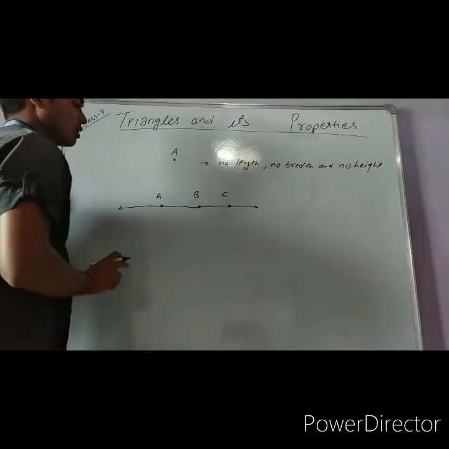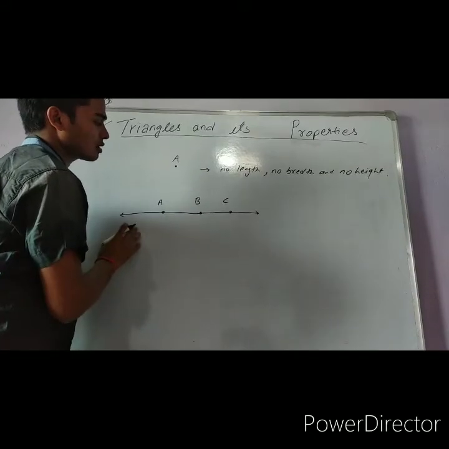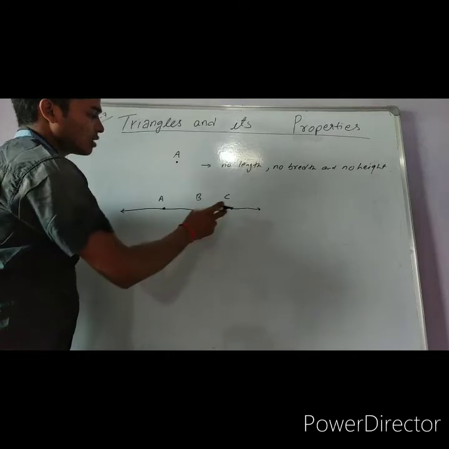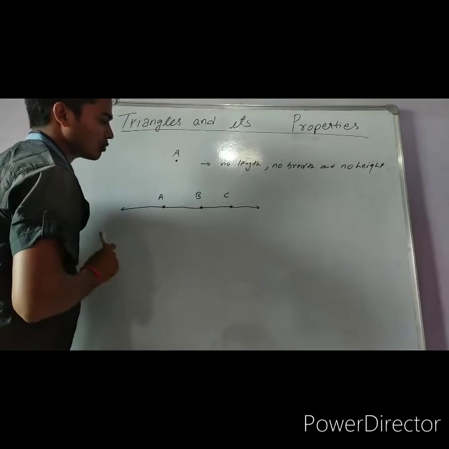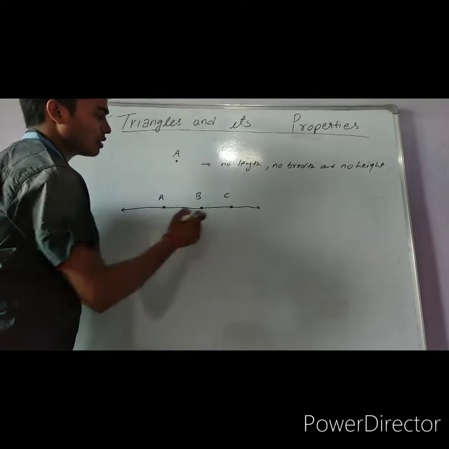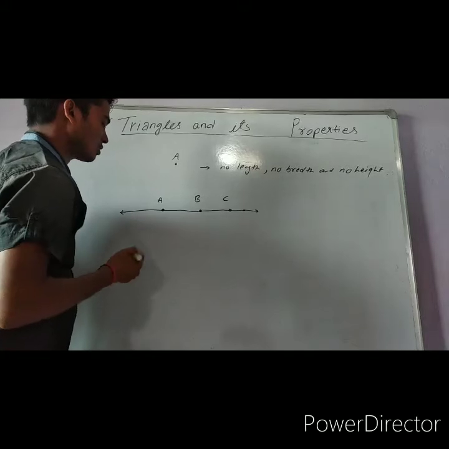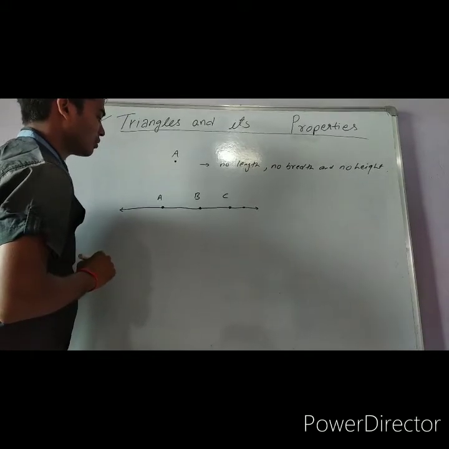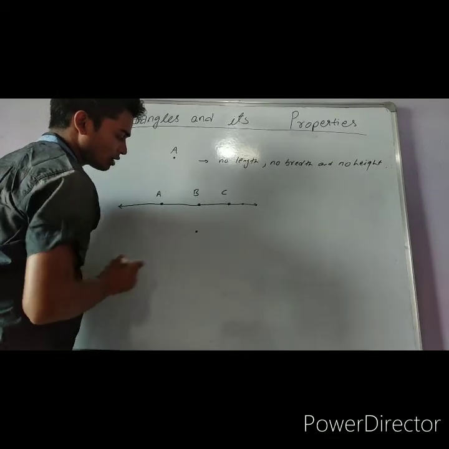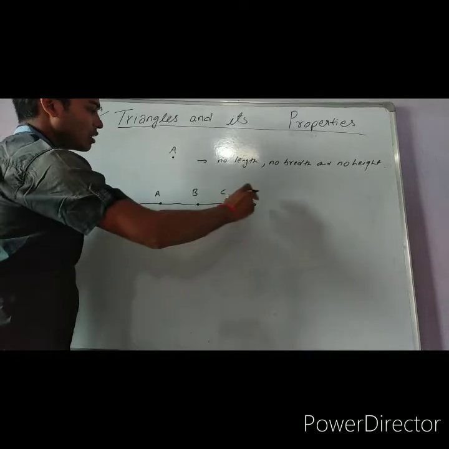So if 3 or more points can have a line pass through them, then these points are called collinear points. There may be at least 3 points, and it may be 4, 5, 6, 7, or any number of points. These points are called collinear because a single line can pass through all these points.